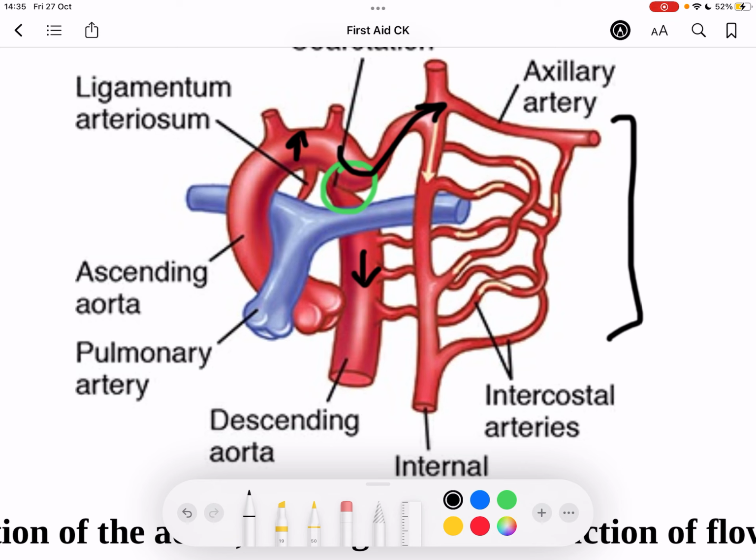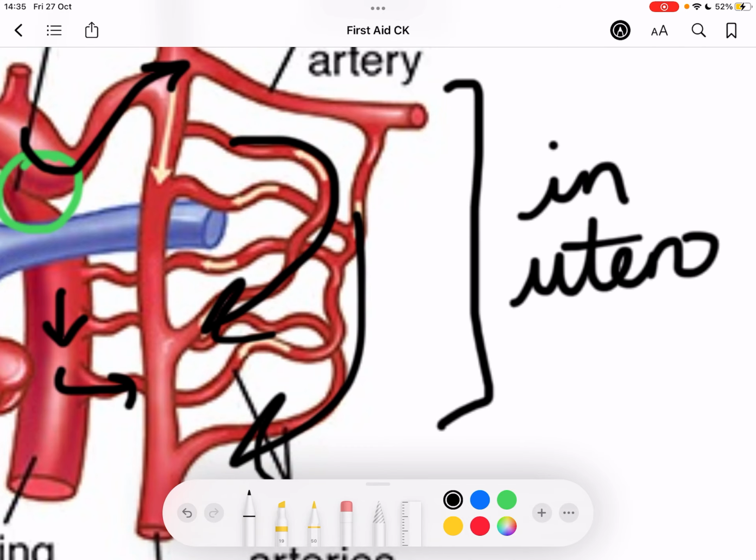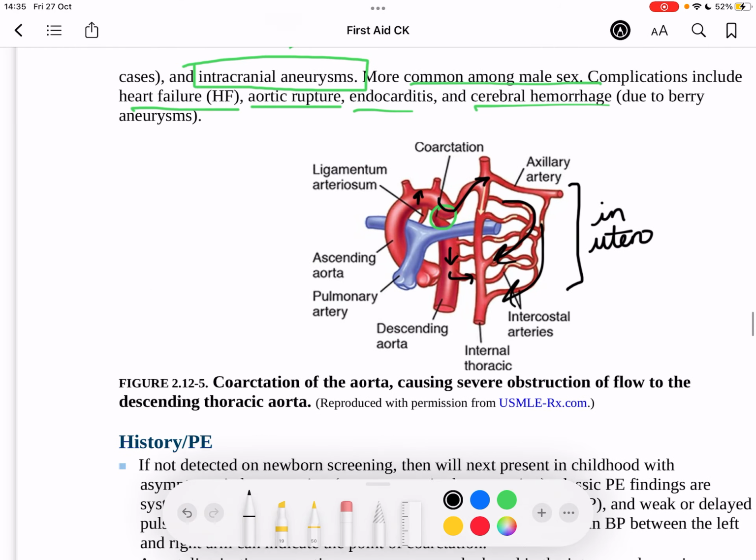But when we have a high pressure prior to the coarctation, we can start to sort of congest these intercostal arteries, okay? And these form networks leading back to the descending aorta to essentially bypass this problem. And this is something that happens in utero, okay? Very important.